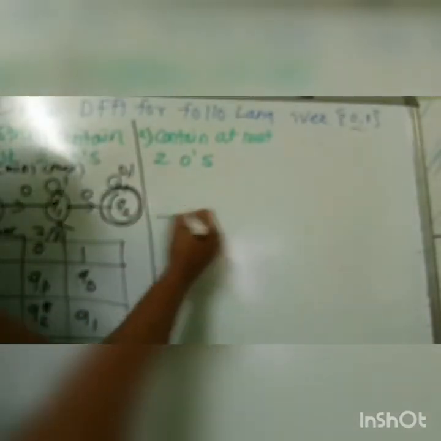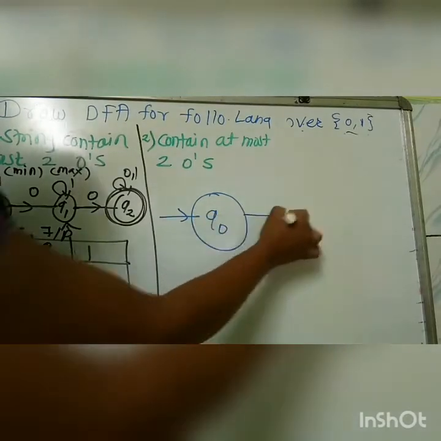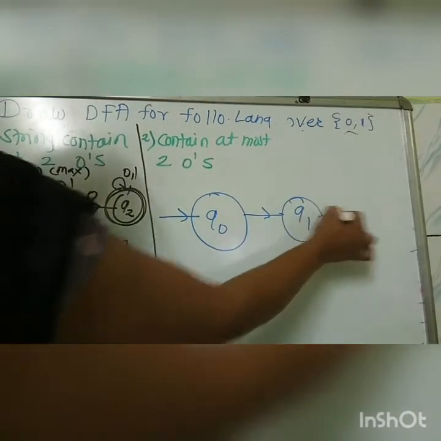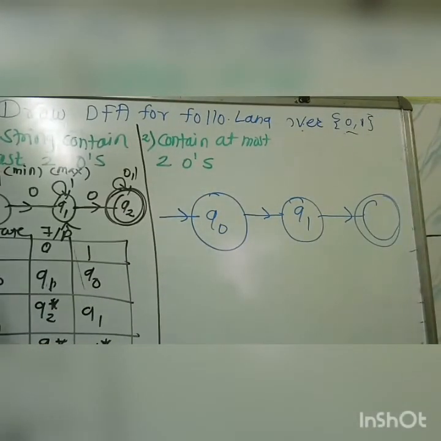I will give one suggestion while solving this type of example: when there is a condition like at most, reverse the logic of at least. Try to write the DFA from the previous example. What was the logic? Q0, then Q1 and then Q2.